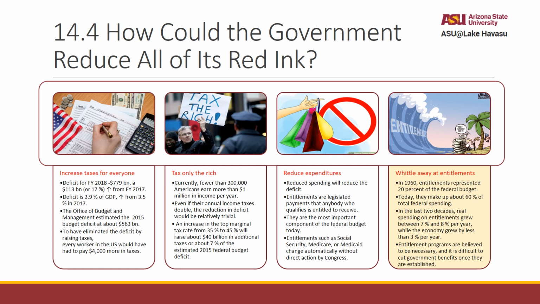Entitlement payments on Social Security and Medicaid now exceed all other domestic spending. They are growing faster than any other part of the federal government budget. During the past 2 decades, the real spending on the entitlements grew about 7 to 8% per year, while the economy was growing less than 3% per year.